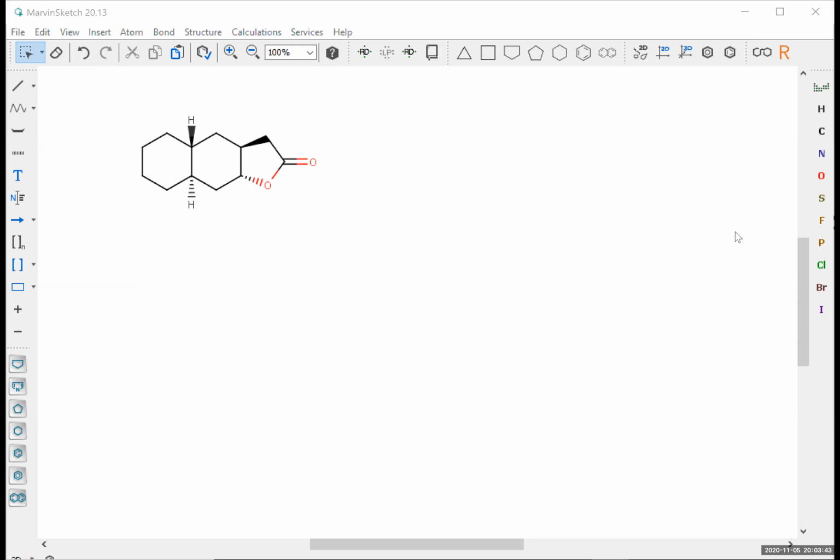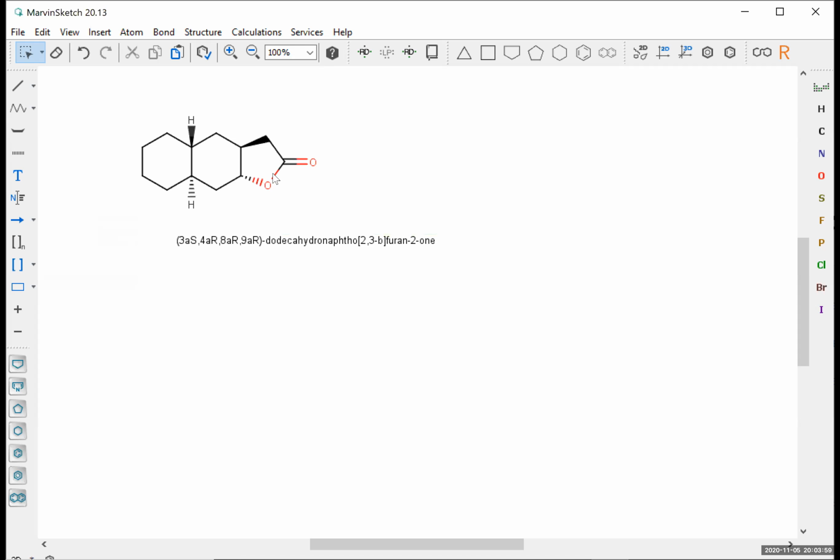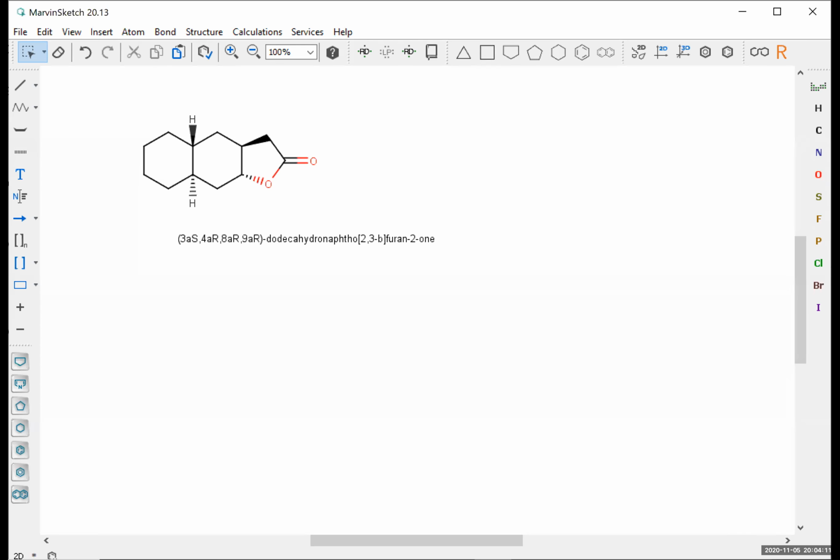Though it takes it a moment, here we go. So we have 3AS, 4AR, 8AR, 9AR, dodecahydro, 2,3B, furan, 2-O. Now, of course, this name is too complex to dissect with what we currently know from IUPAC nomenclature, but it provides you a clear way of checking our relative assignments.